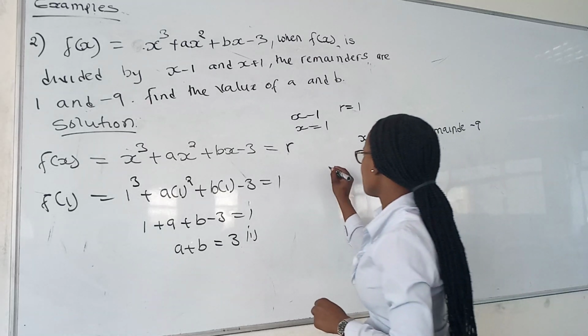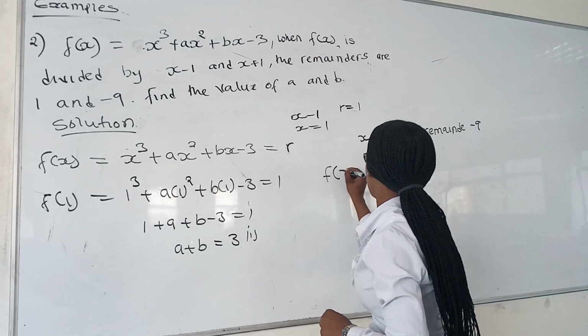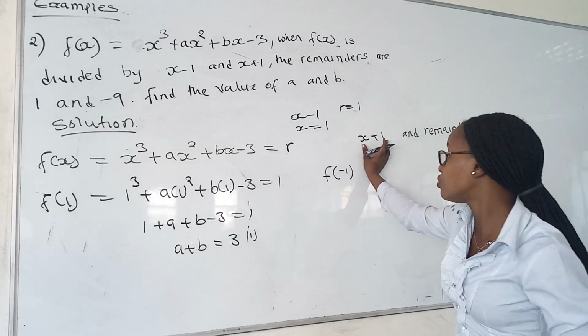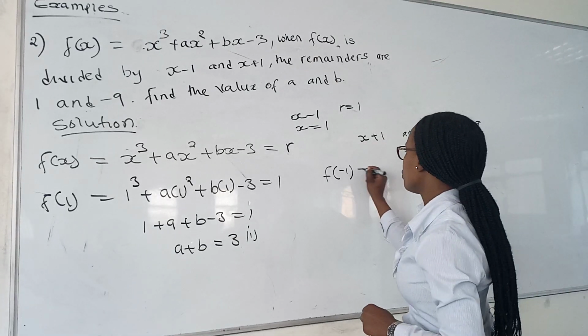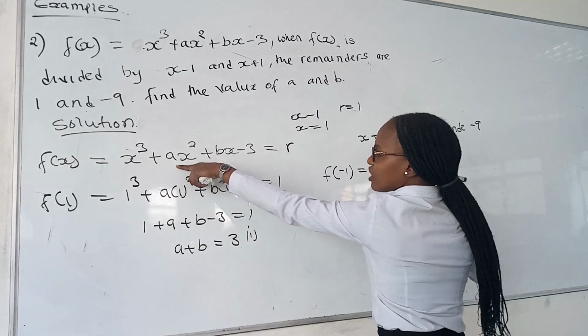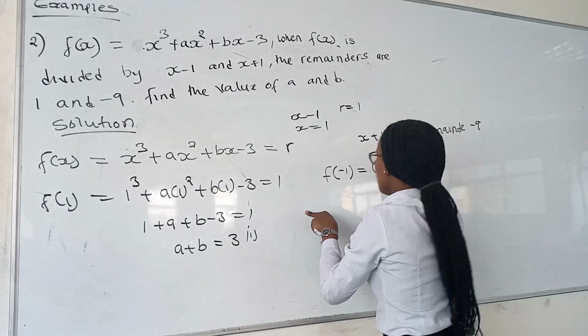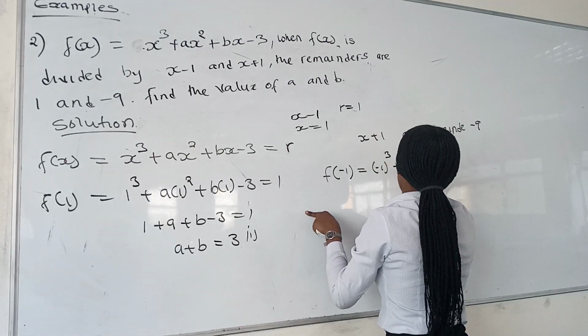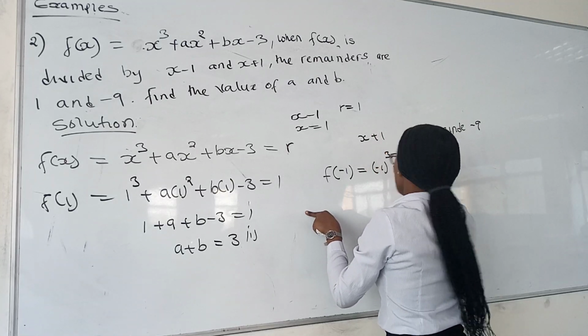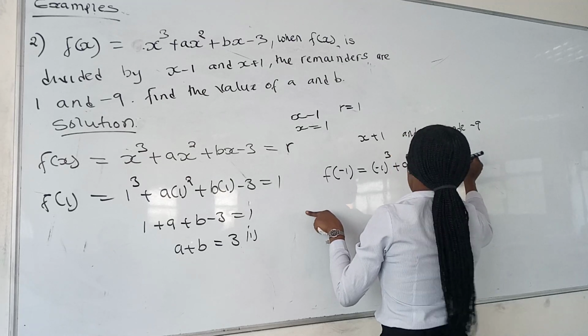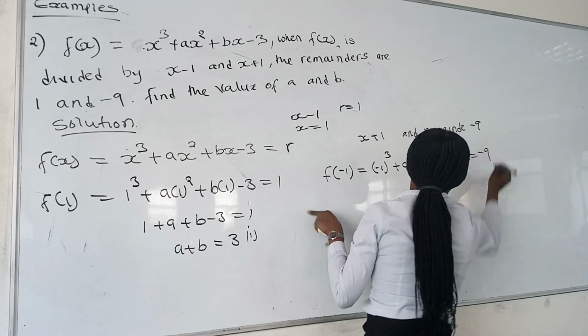This simply means that this is now going to be f of negative 1, because the value of x is now negative 1. We get the same function: negative 1 raised to the power 3 plus a times negative 1 to the power 2 plus b multiplied by negative 1 minus 3 equal to negative 9.